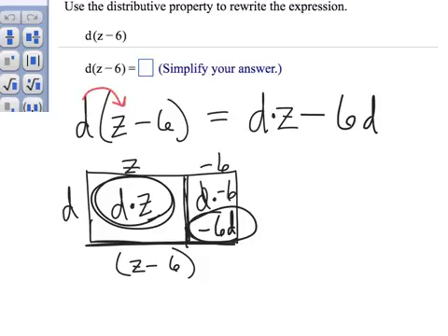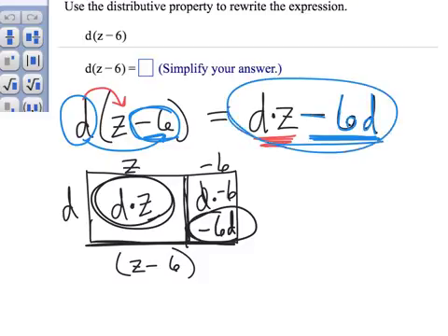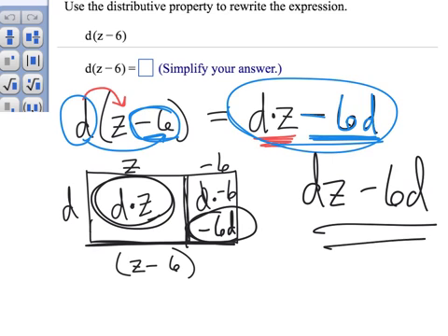D times z is this piece right here. And then this is d times minus 6. And that's this piece right here, minus 6d. And that is your answer. Now you don't need the dot. If you wanted to, you could just put dz minus 6d, and that's your answer.